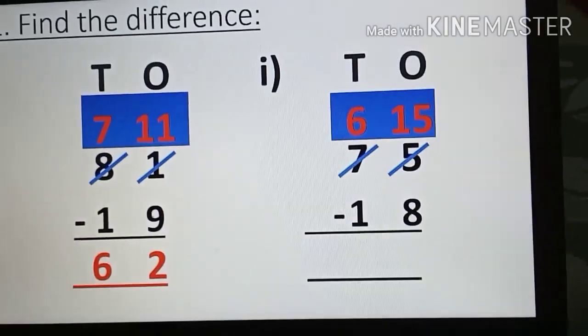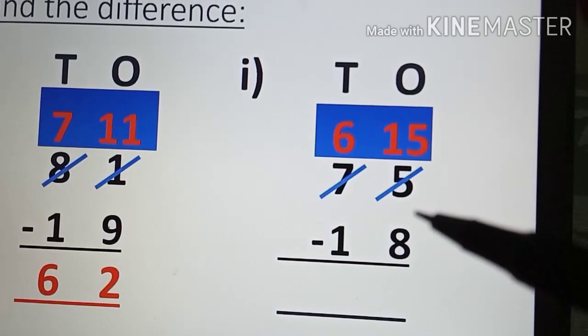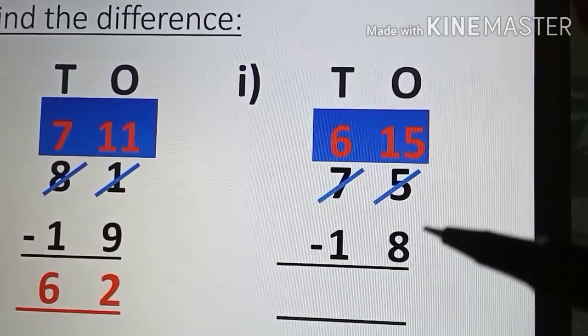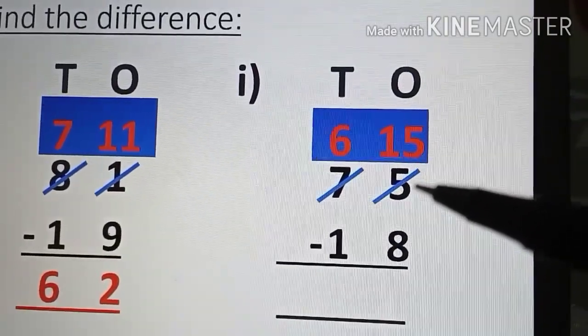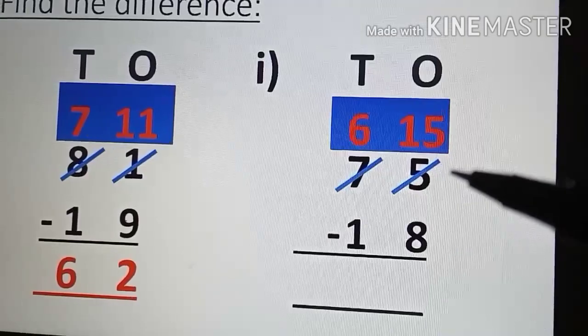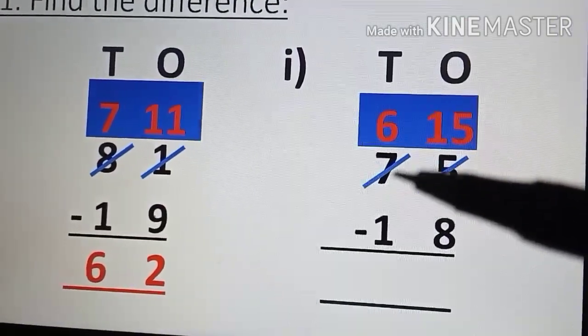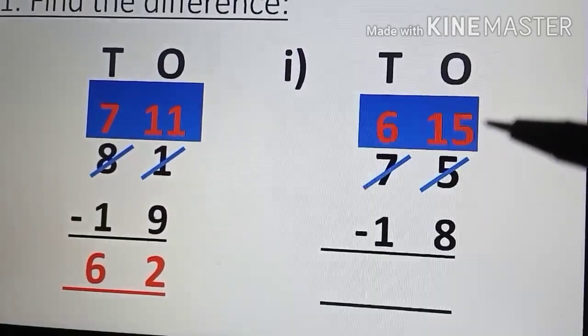Now children, question number I, we have to subtract 18 from 75. Under the ones column we have 5 and 8. We cannot subtract now because 5 is smaller than 8. So 5 will borrow 1 ten from this 7 tens, isn't it? So 7 becomes 6 and this 5 becomes 15 ones.